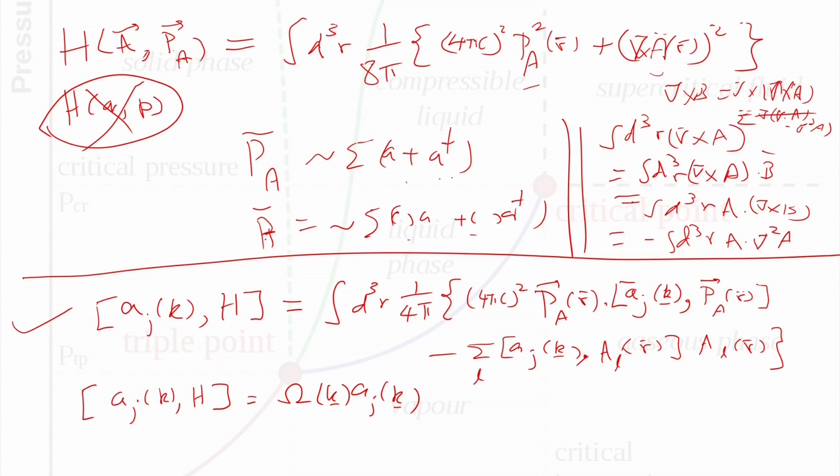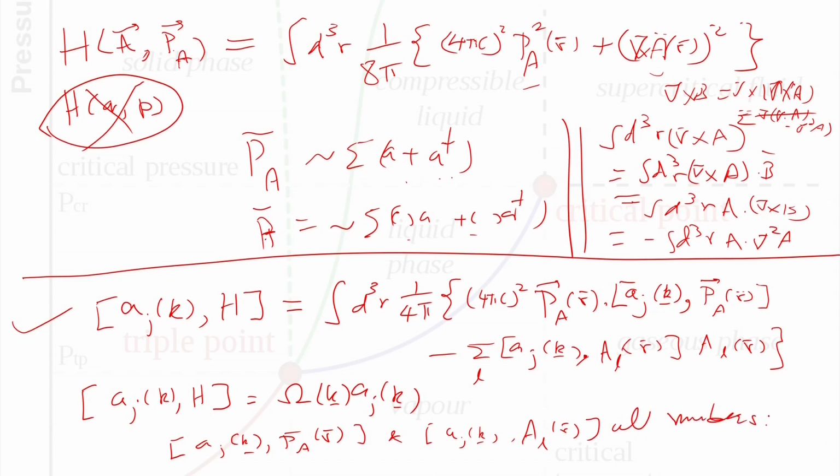So, now keep in mind that the commutators of A with P and the commutator of A with the vector potentials, they are all numbers. They are not operators, because we have surmised that the position and momentum, just like in the case of harmonic oscillators, are linearly related to the creation and annihilation operators.